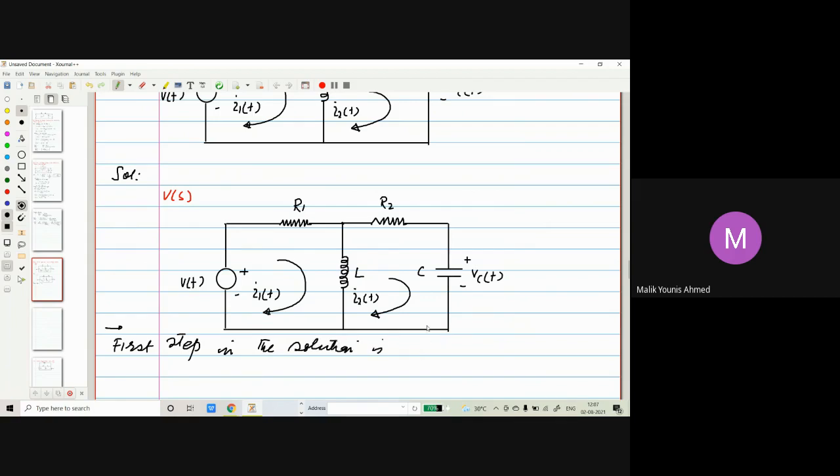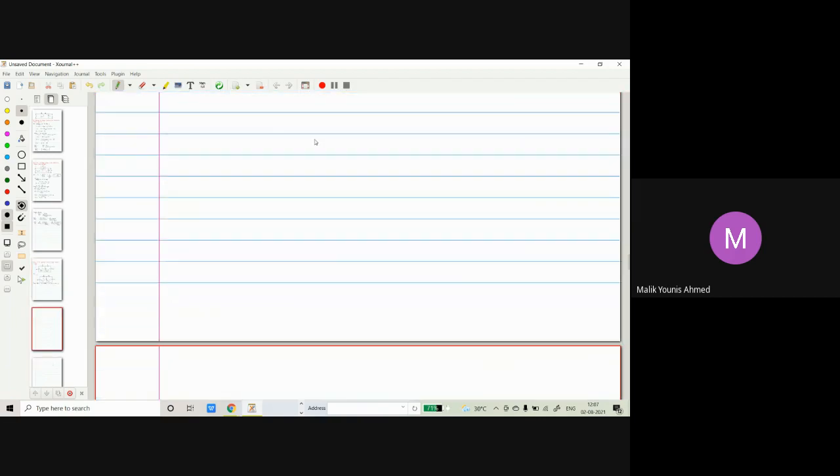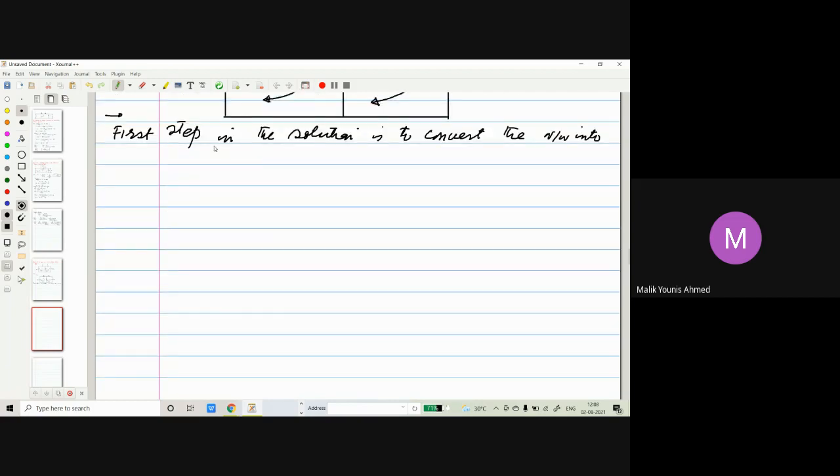is to convert the network into Laplace transform for impedances and circuit variables.